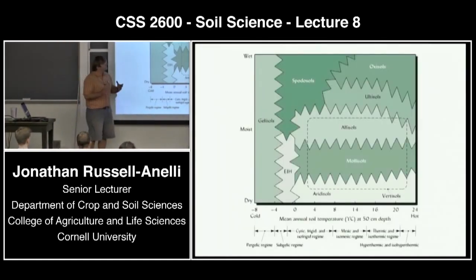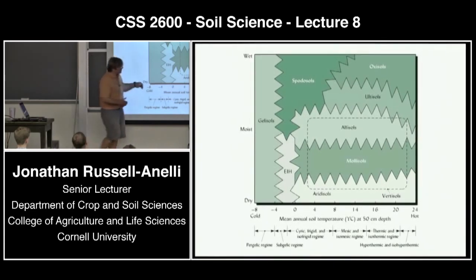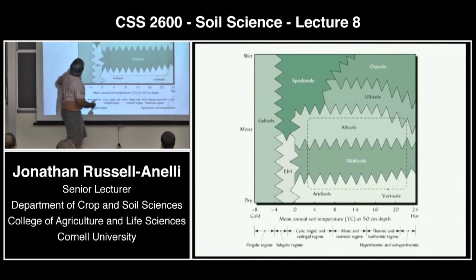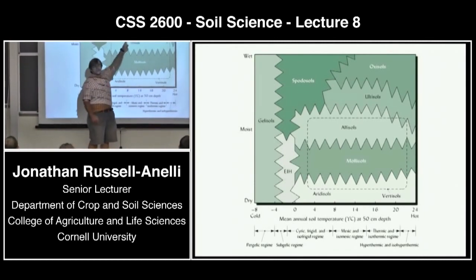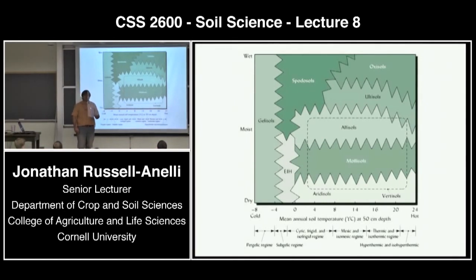So let's imagine a very intense weathering environment. I would imagine a warmer temperature, maybe even hot, certainly a moist environment, perhaps not drowning underwater. If we think about that, warmer and wetter, what do we end up with? Those oxisols, right?